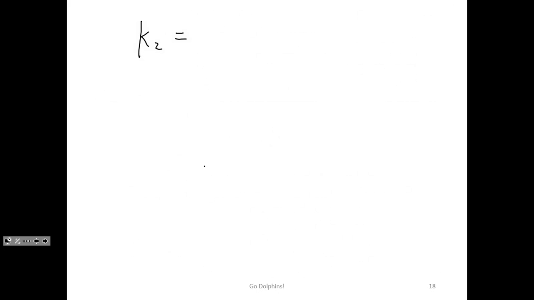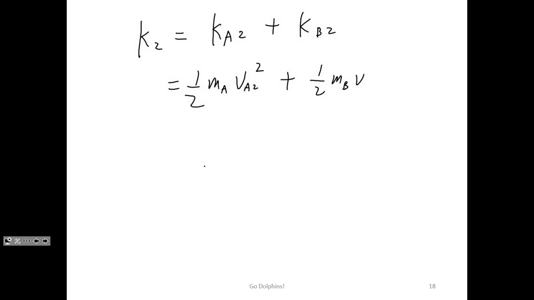Kinetic energy of object A, that's just the KA2, KB2, 1/2 MA VA2 squared, which is 2.6. 1/2 MB VB2 squared, which is 2.6 meters per second.